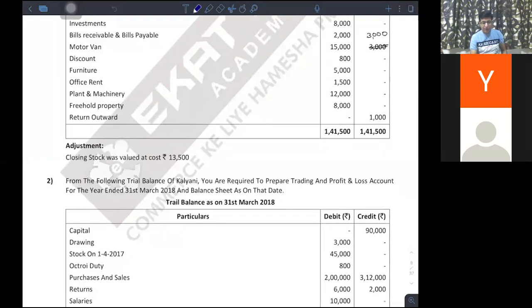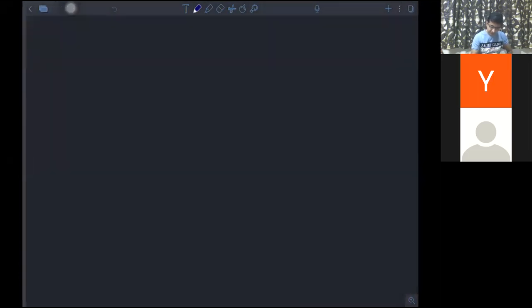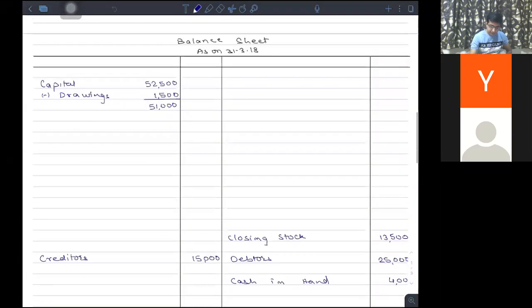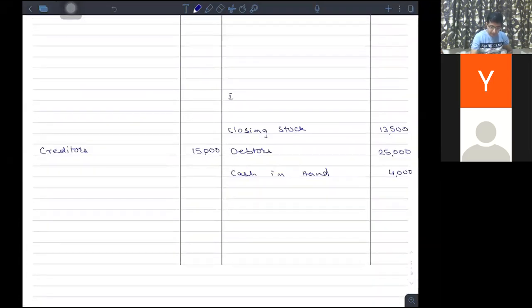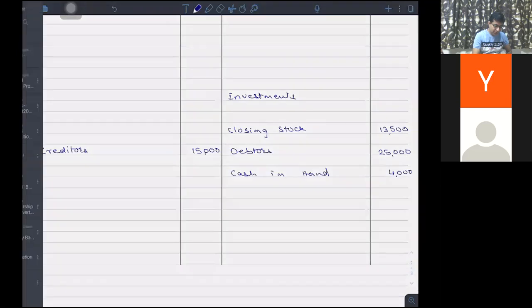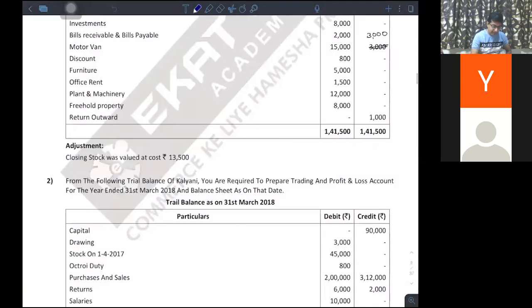Investments and bills receivable will appear in the balance sheet onto the asset side. Investments, the value of that is 8,000.